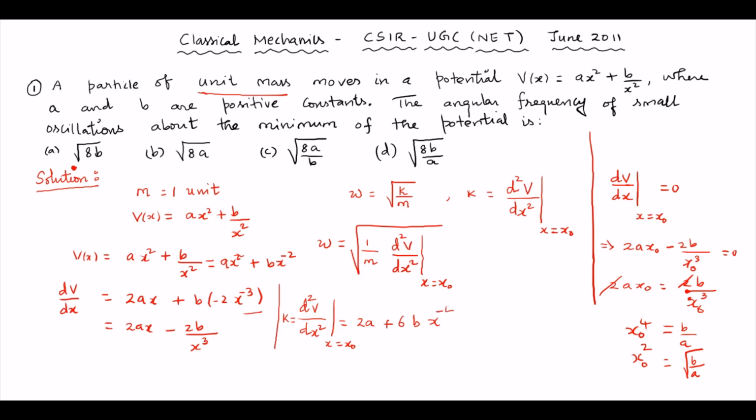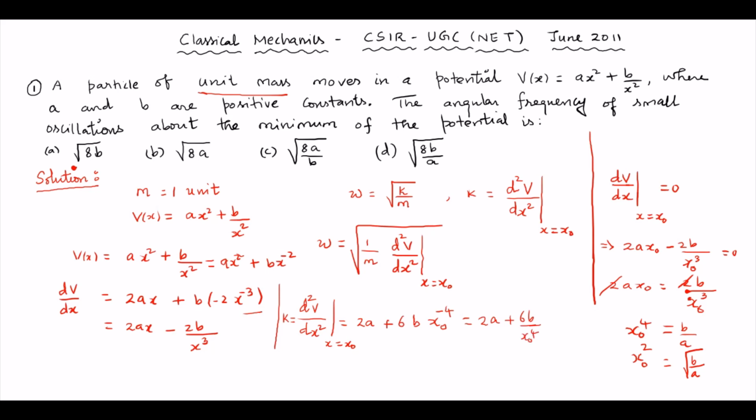Now you put x equal to x naught. Already we know the value of x naught power 4, so you can substitute here: 2a plus 6b by x naught power 4.